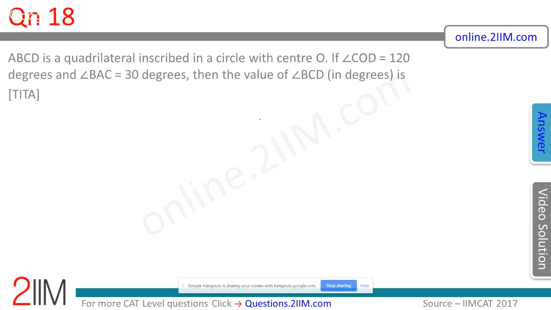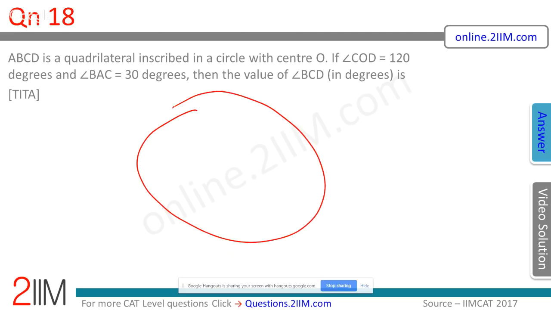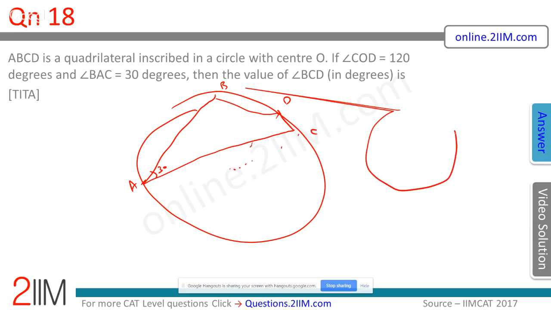ABCD is a quadrilateral inscribed inside a circle with center O. Wonderful. Ooh, that's an ugly circle. Angle COD is 120, angle BAC is 30. I've drawn a really bad diagram.